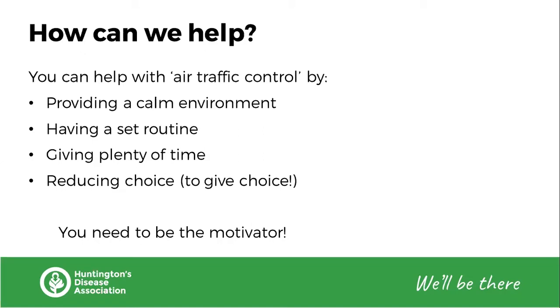Having a set routine. People tend to like the same things happening at the same time, and actually we all do. We like the pattern that we leave to go to work and come home at a similar time every day and have our dinner at a similar time. Not many people like it if that's completely thrown out of sync, especially if it's out of your own control. And for people with Huntington's, that's even more so. It might well be that if you're a full-time carer, and especially if you're an older carer, both of you may have given up work and you might have lost a lot of the routine and the predictability in your life.